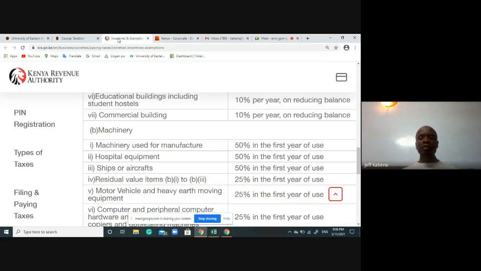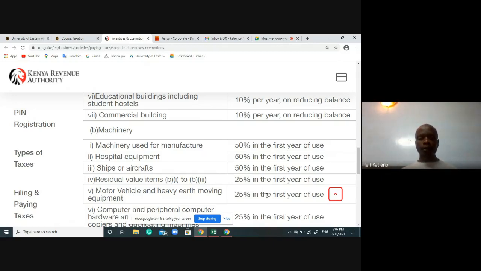So afterwards it is 25%. So this one should not be 25% in the first year of use. I mean here, the residual value should be 25% in the subsequent years on reducing balance.